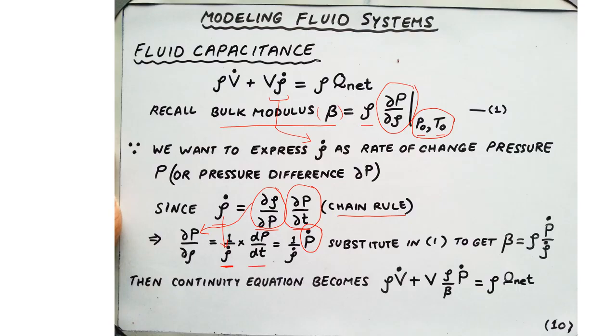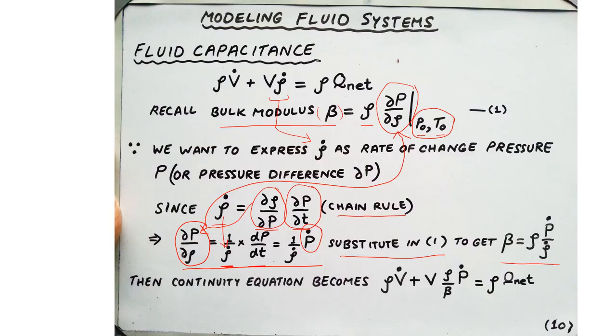Eventually we get this expression that relates the rate of change of pressure with respect to the rate of change of density, which is simply the inverse of this term. We're going to substitute that in this equation, and we get beta equals rho times the rate of change of pressure divided by rho dot.